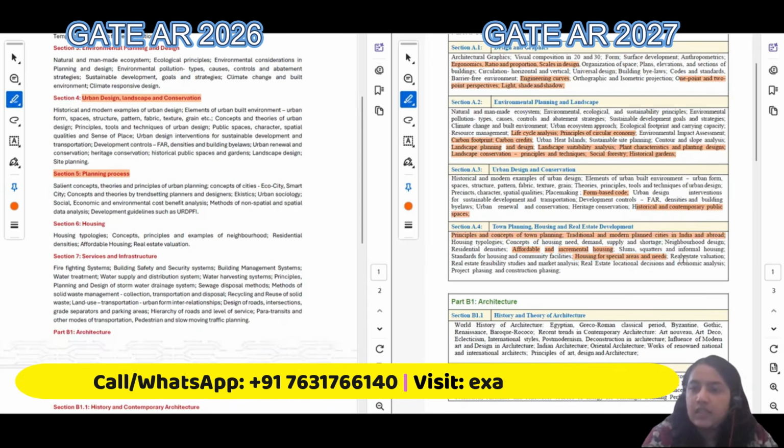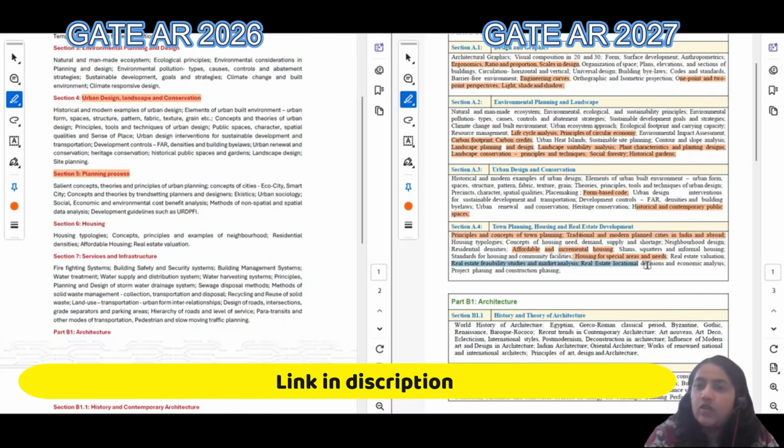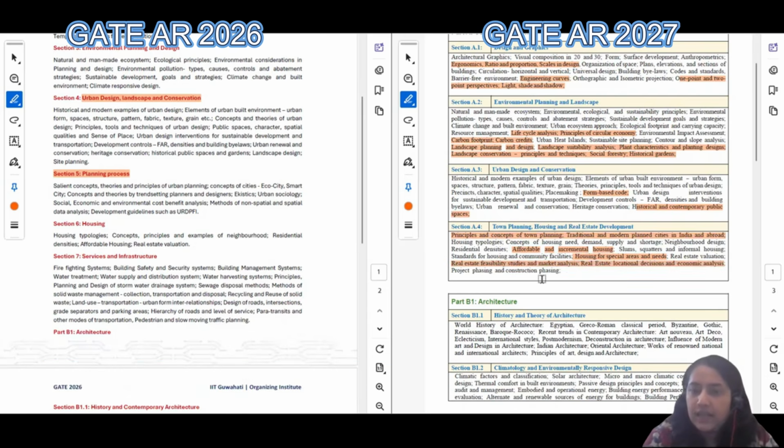In terms of real estate, earlier we only had real estate valuation. Now, real estate feasibility studies, market analysis, real estate locational decisions, and economic analysis have also been added. Project phasing and construction phasing. This is another new addition.